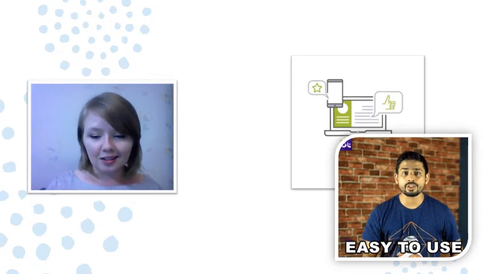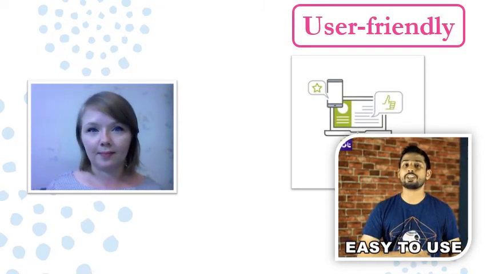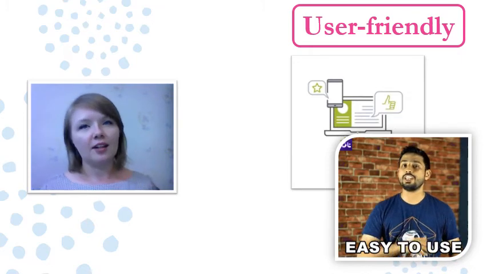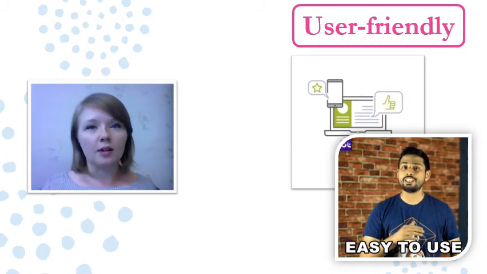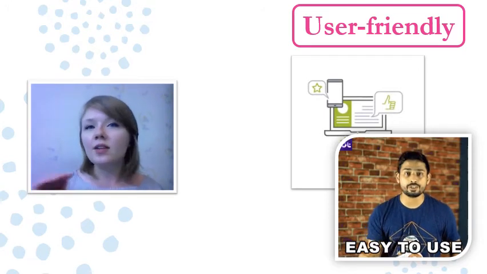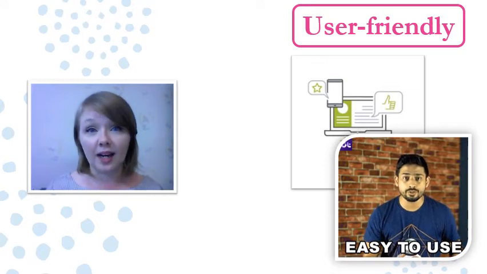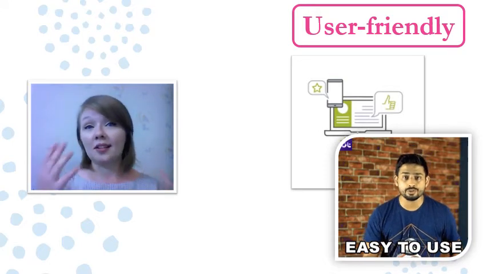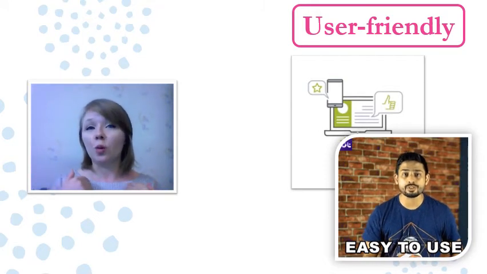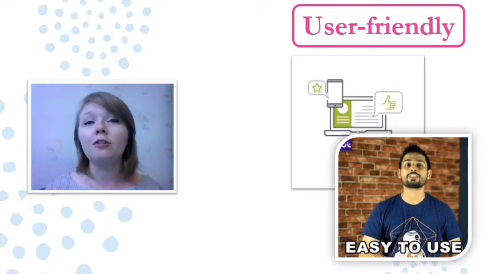Anything that is easy to use, we would call user-friendly. Many apps like Instagram, Facebook, and Snapchat are really user-friendly. Even young children can understand how to use them very fast. They were designed to be easy for users to use. So we would call them user-friendly.